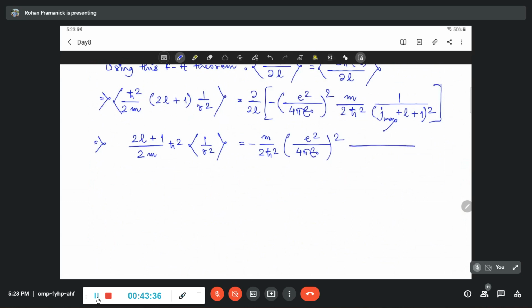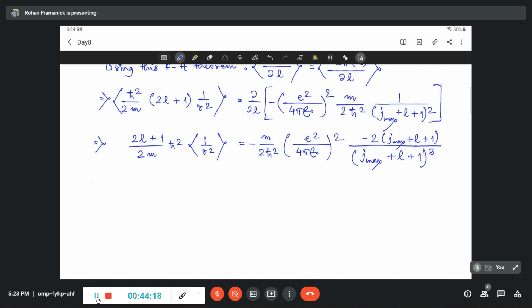And if you do this, you will get minus 2 j max plus L plus 1 by j max plus L plus 1. This is cube, right? Yes, now it is cube minus 2. Yes, fine. So I have done it probably correctly.